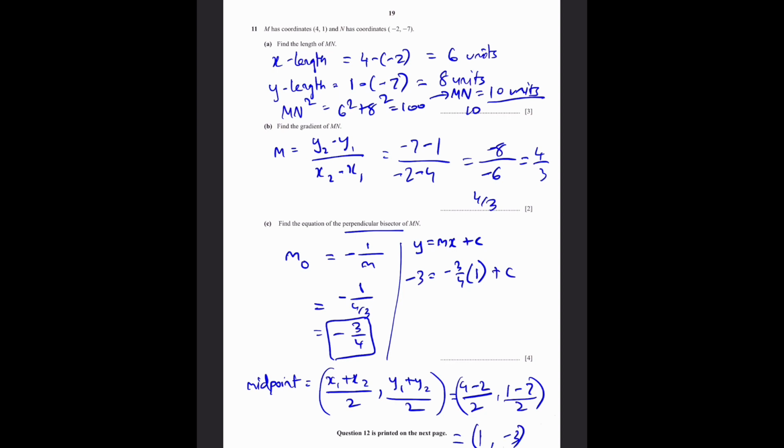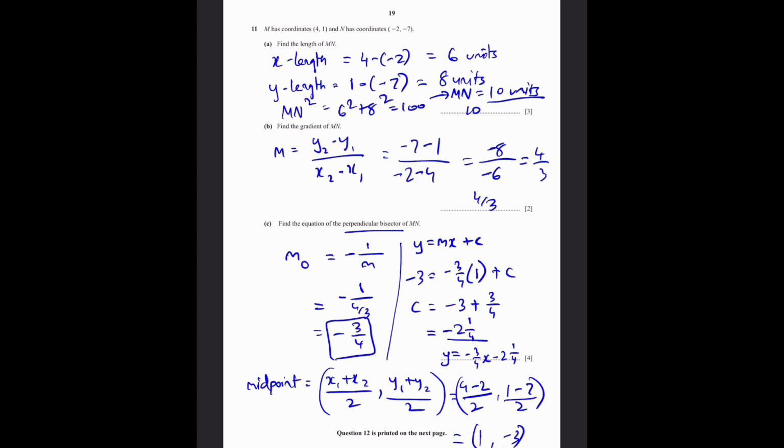So that means c equals -3 plus 3 by 4, because this will be -3 by 4 plus c, that's equal to that. So we bring it to the other side. This minus will become a plus when we bring it to the other side. So -3 plus 3 by 4, which is -2 1/4. So y will be equal to -3 by 4 x minus 2 1/4.